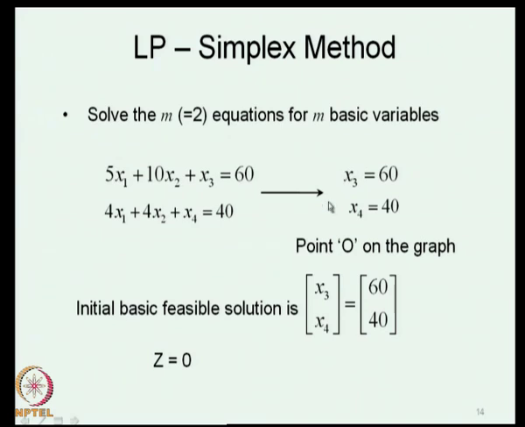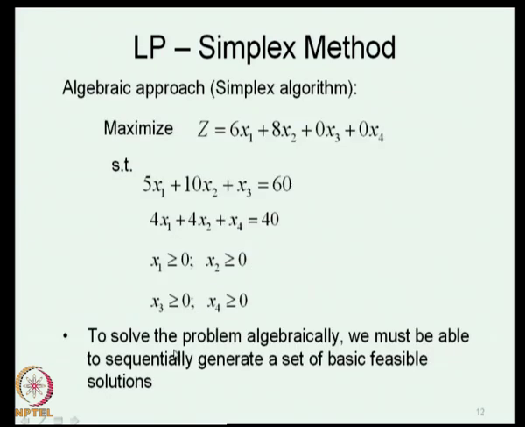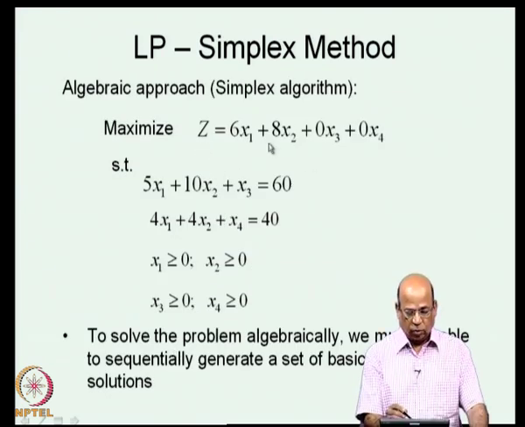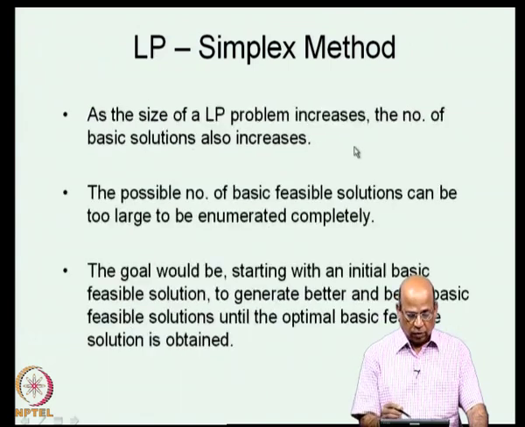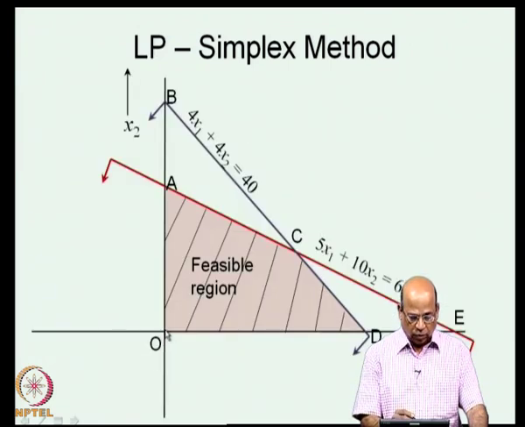This solution corresponds to point O on the graph, and because we had x1 equal to 0 and x2 equal to 0, your z value will be 0. Z has x1 is 0, x2 is 0, x3 is 60, x4 is 40, but their coefficients are 0. Therefore, z value is 0. We are starting with the origin O here, which is the initial basic feasible solution.